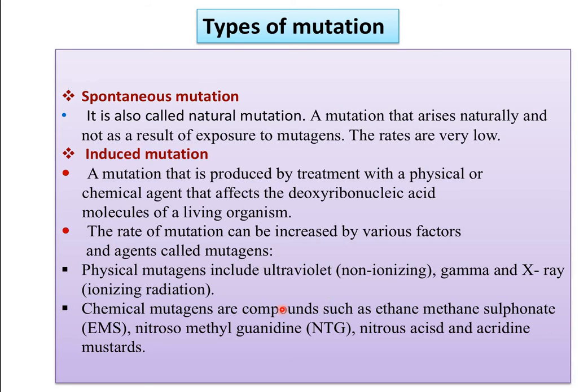Then coming to the chemical mutagens, they are compounds such as ethyl methane sulfonate, that is EMS, and we have nitrosomethyl guanidine, known as NTG, and we have nitrous acid and acridine mustards. These come under the chemical mutagens.